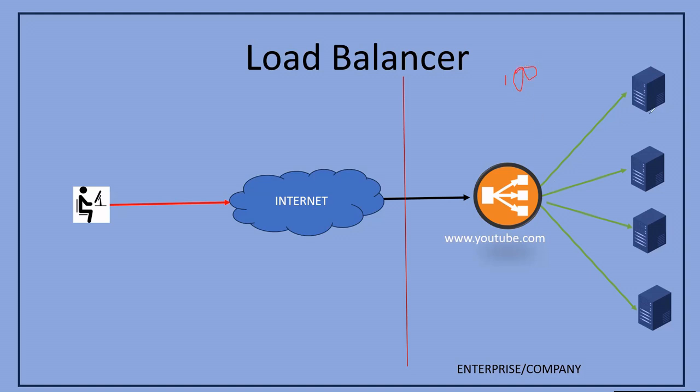I will decide to send 50% to this server, 20% to this one, 10% to this one, and the remaining 20% to this one. So if 100 connections come in, 50 will go here, 20 will go here, 10 will go here, and the remaining 20 will go here. That is how the load balancing works.